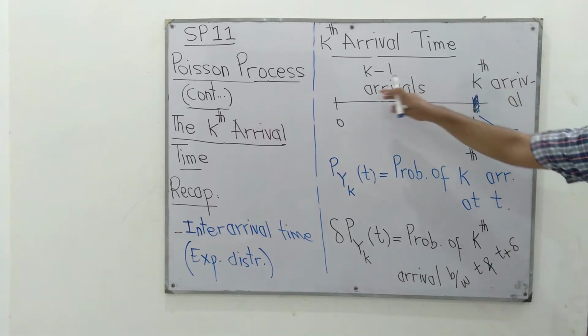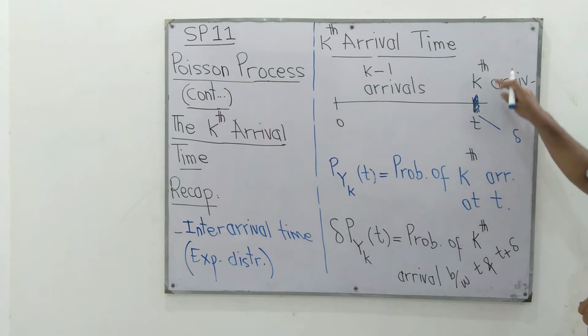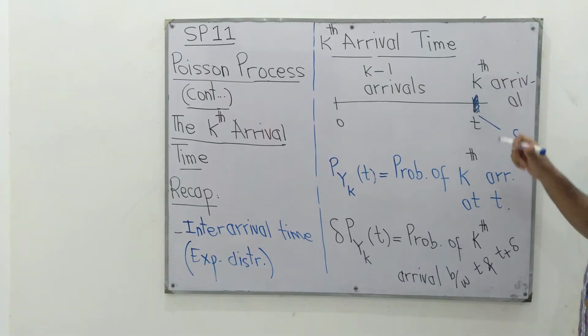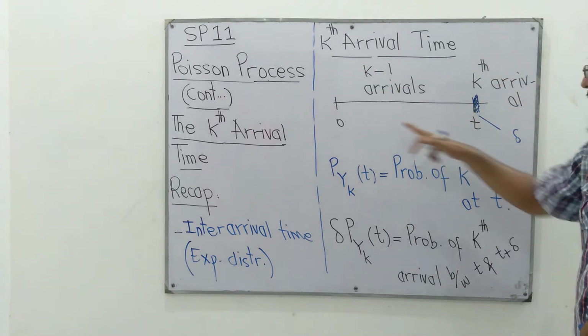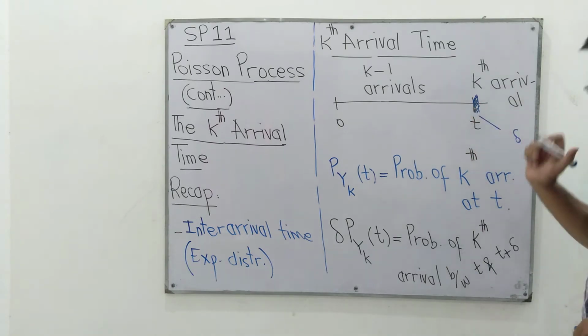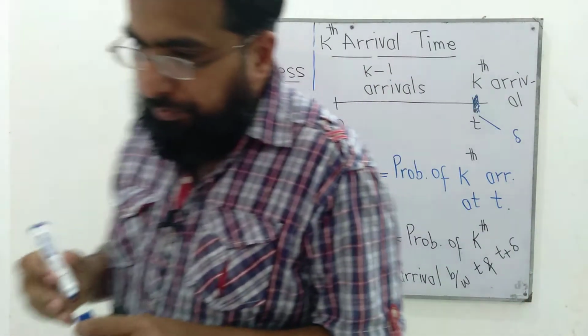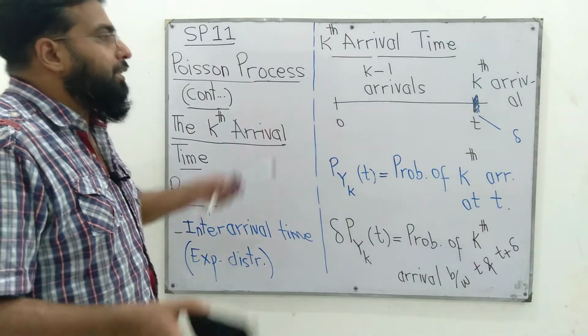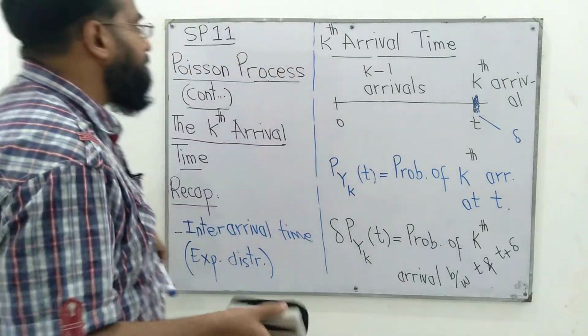This means k minus 1 arrivals have happened before, and in this time we assume one arrival to happen, so that in time 0 to t we have exactly k arrivals, and the kth arrival is exactly at time t, right?